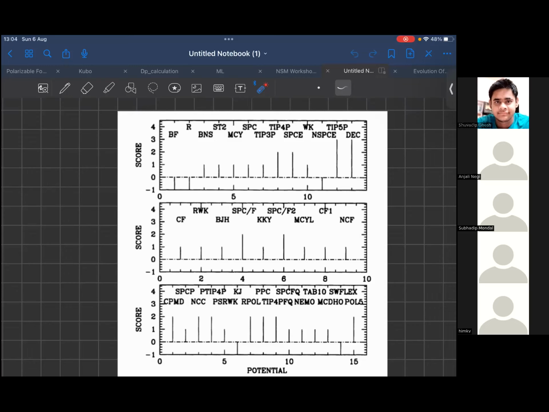And TIP5P and DEC, these models are really accurate with the experimental value in terms of water structure.